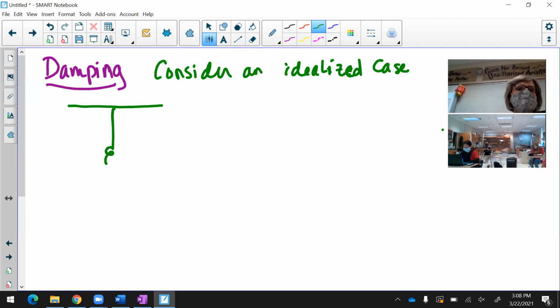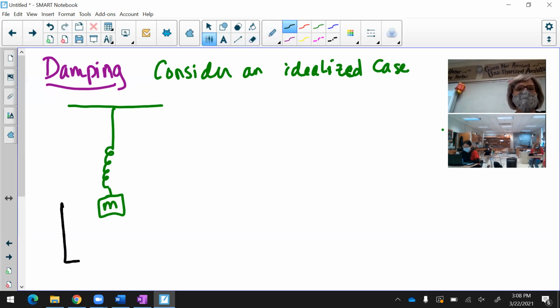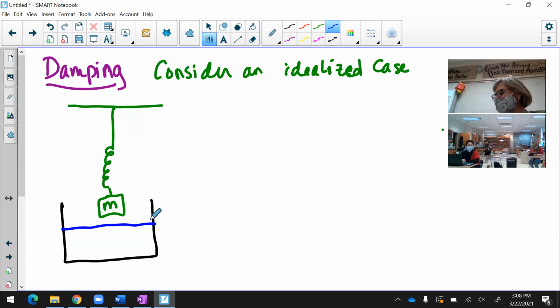And so we're going to have our spring attached to some mass M. And below the spring is going to be a container that has water in it.